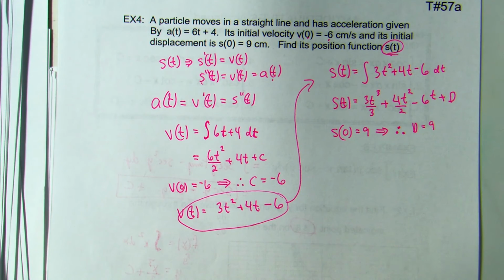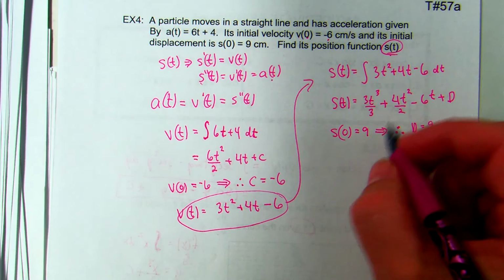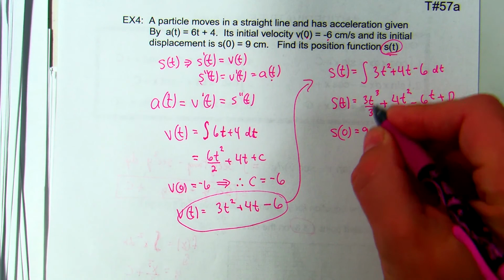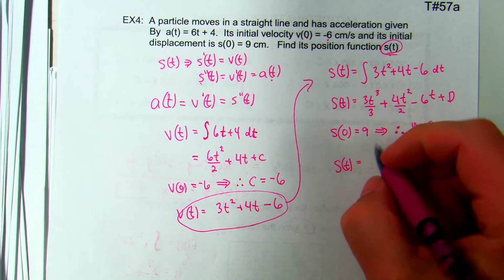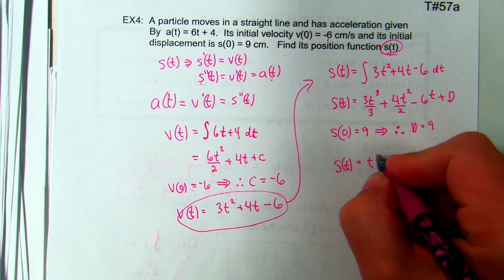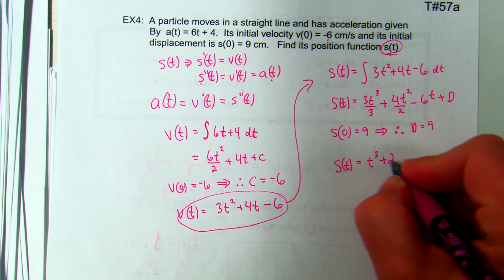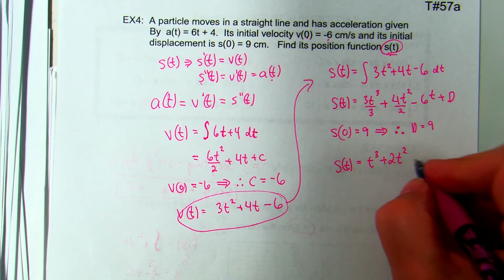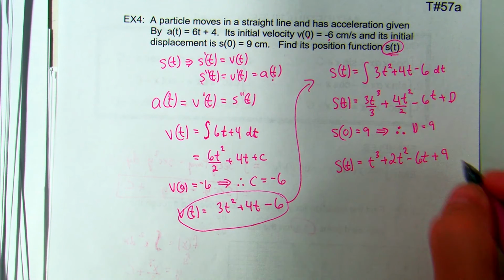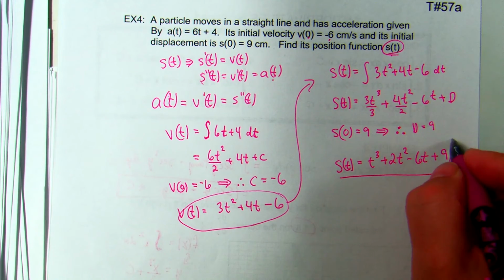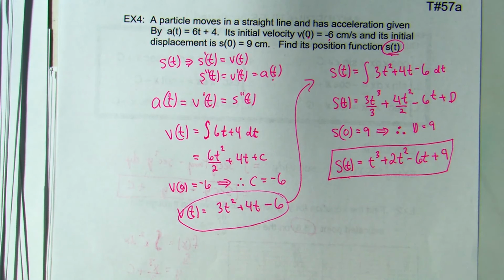And that gives us all the pieces we need. So we can plug this in and simplify as we write it. s of t is going to be the function t cubed plus 2t squared minus 6t plus 9. That is our answer.